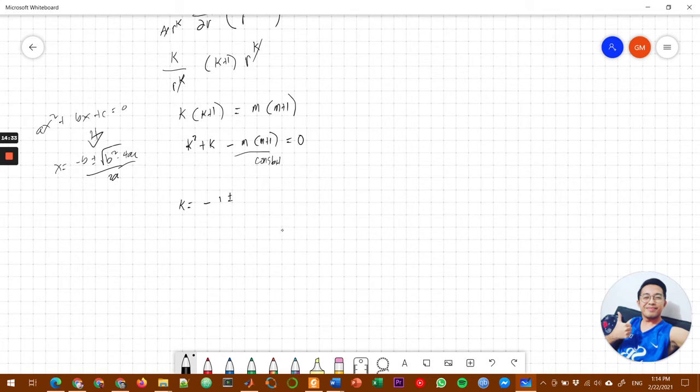Okay, that's the solution. So let's apply it here. That would be negative 1 plus and minus the square root of 1 plus 4 times m times m plus 1, over 2.